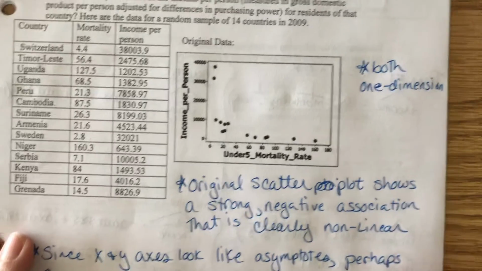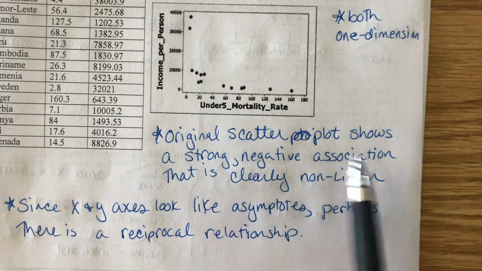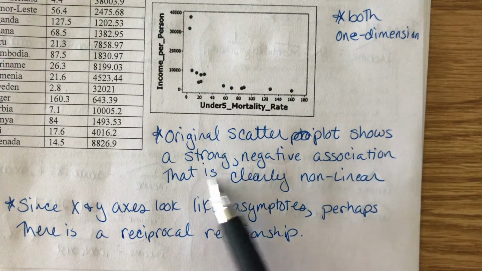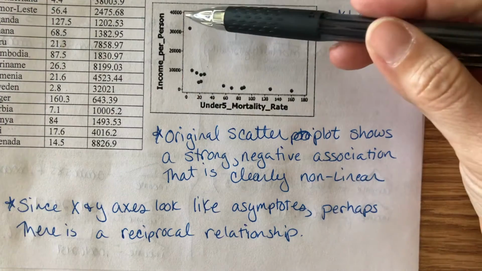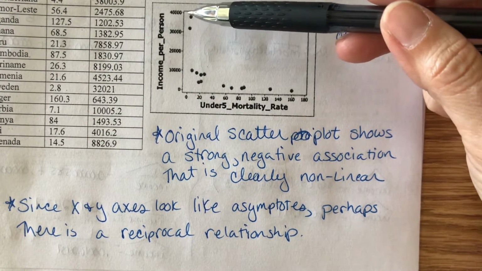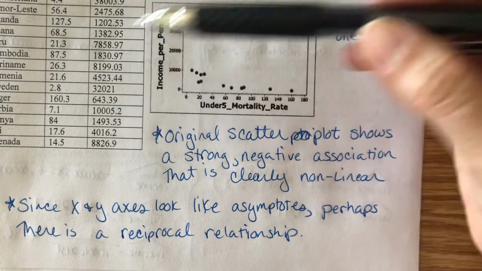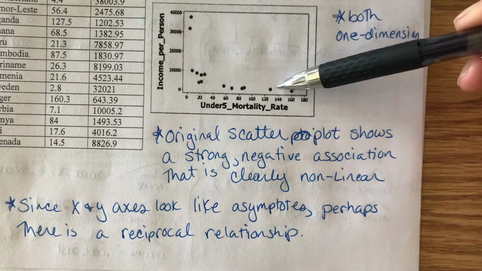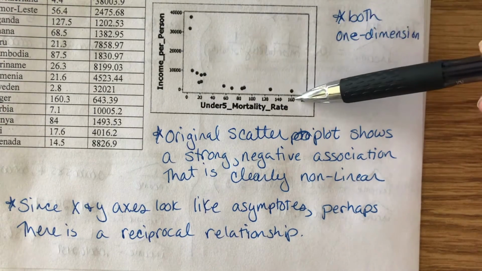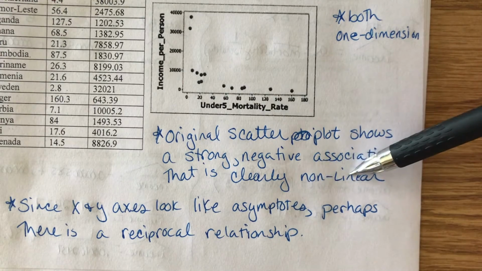I made a note here that our original scatter plot shows a strong negative association, and it's clearly nonlinear. So the R value for this would be excellent. It would be like R equals -.9 something. If we plugged these into a list, our R would be really strong because this is a strong negative relationship, but it's not a linear relationship.